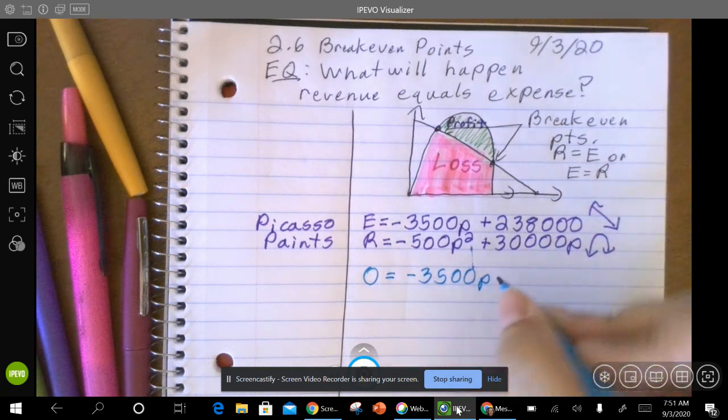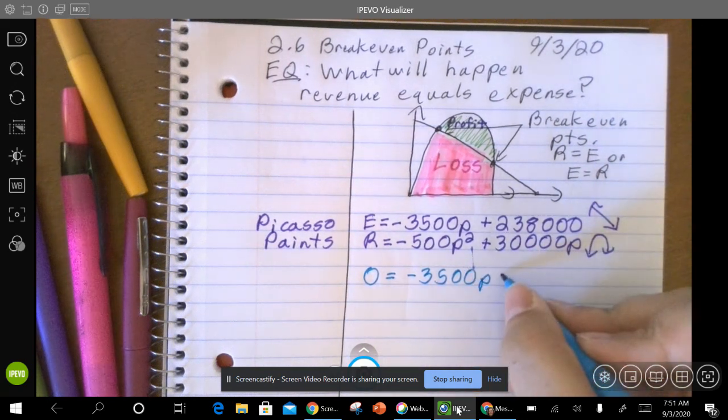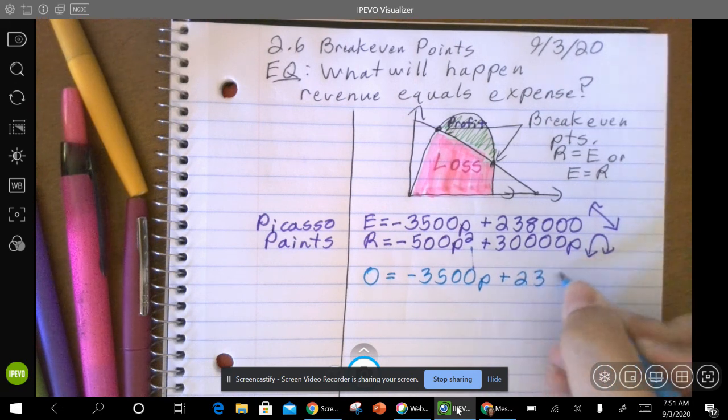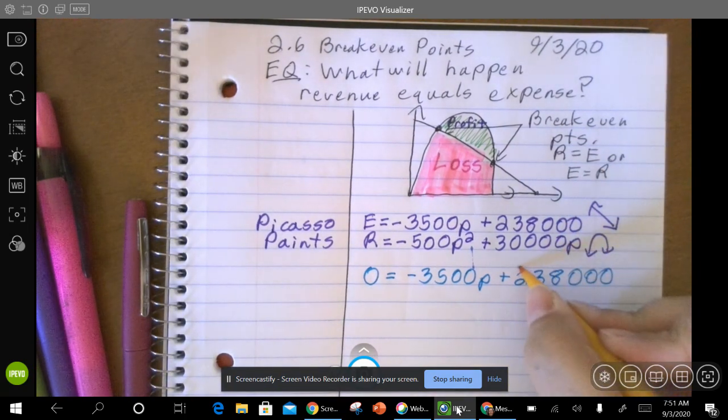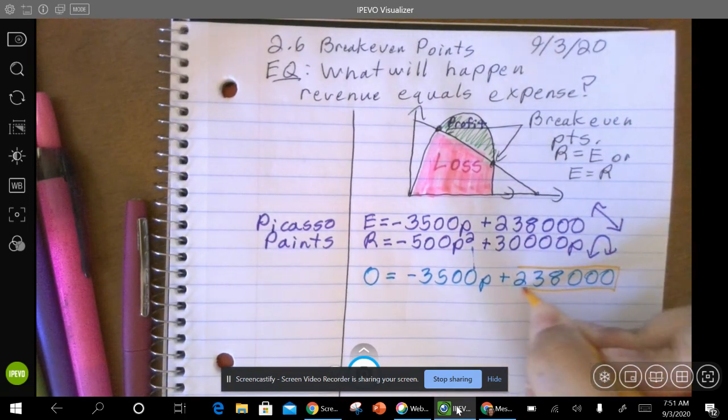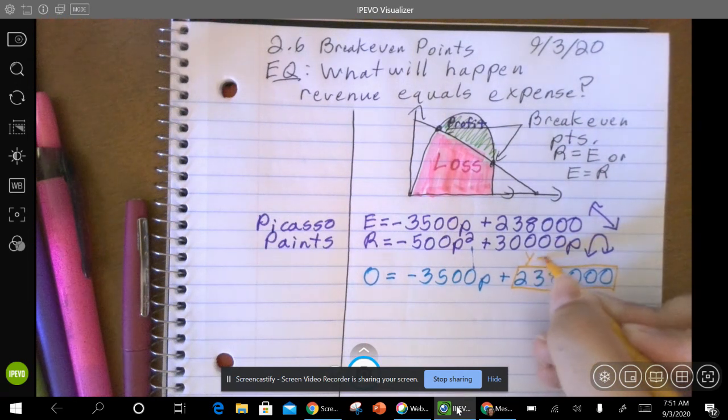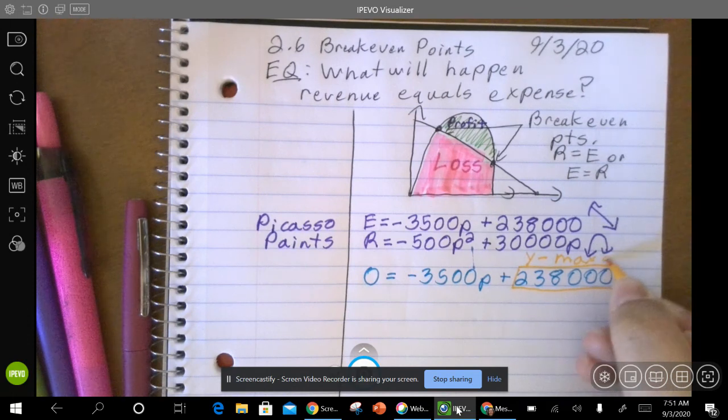So 0 is equal to negative 3,500 times the price plus 238,000. Remember that 238,000 is the y-intercept of our expense equation. This is the y maximum, or y-intercept.